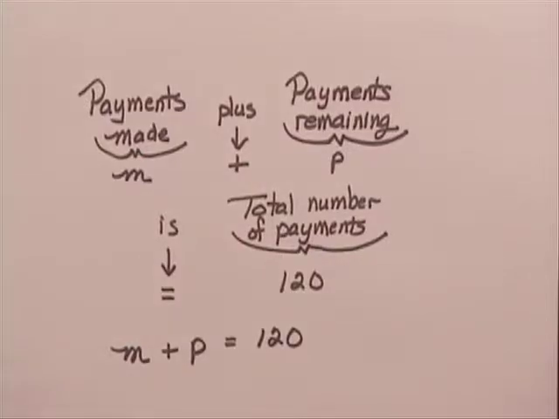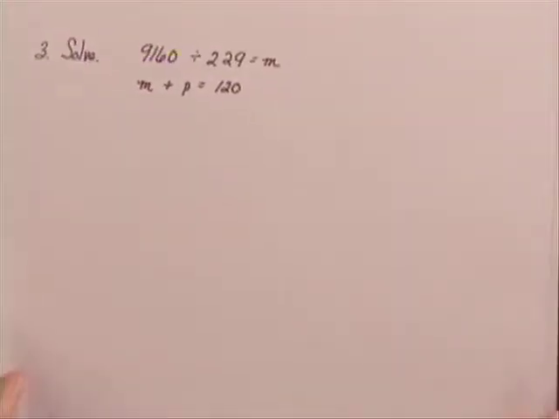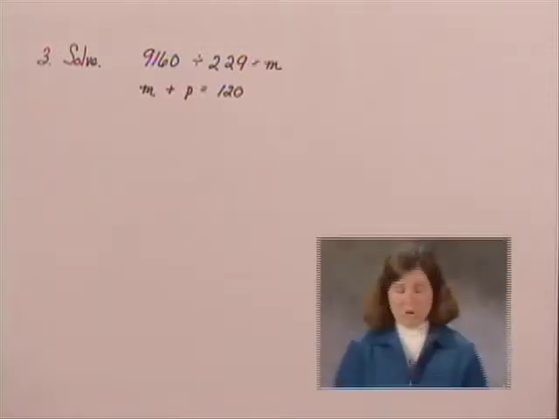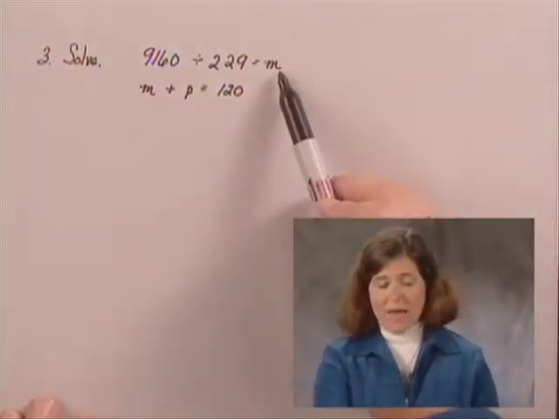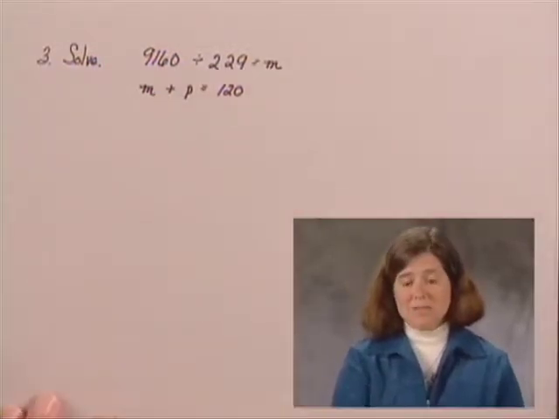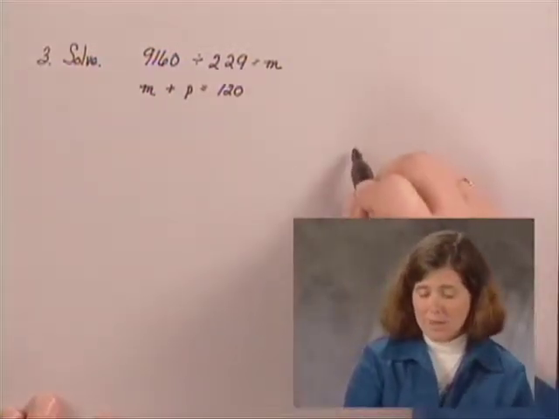We've translated the situation in the problem to mathematical language. We go to the third step, which is to solve. Remember, what we're trying to find is P. So we're going to have to do two steps. We're first of all going to have to find M. We find M by dividing 9,160 by 229.